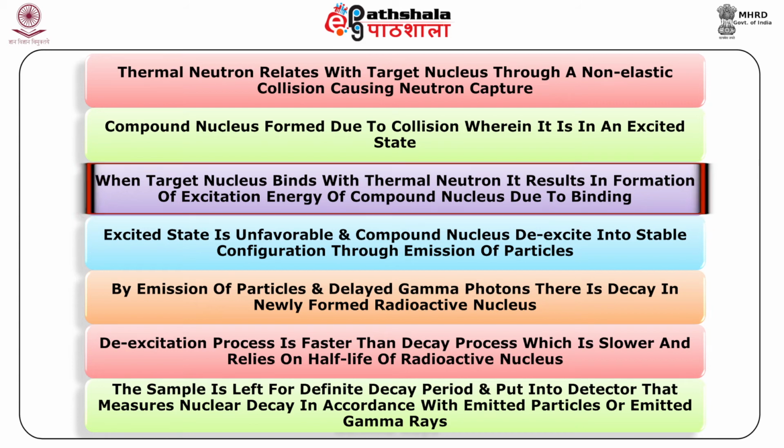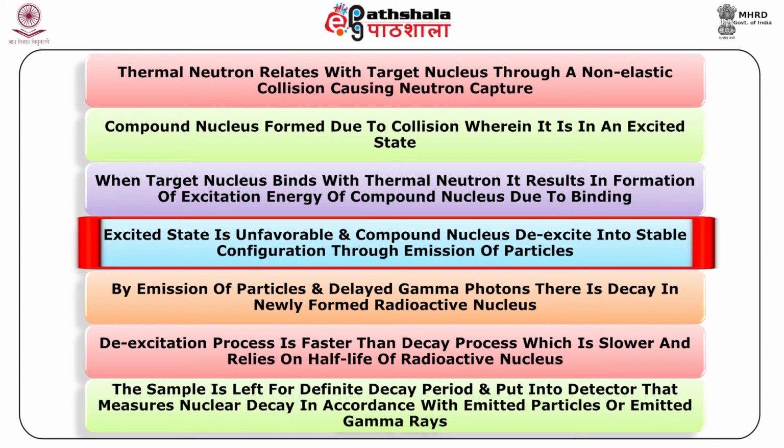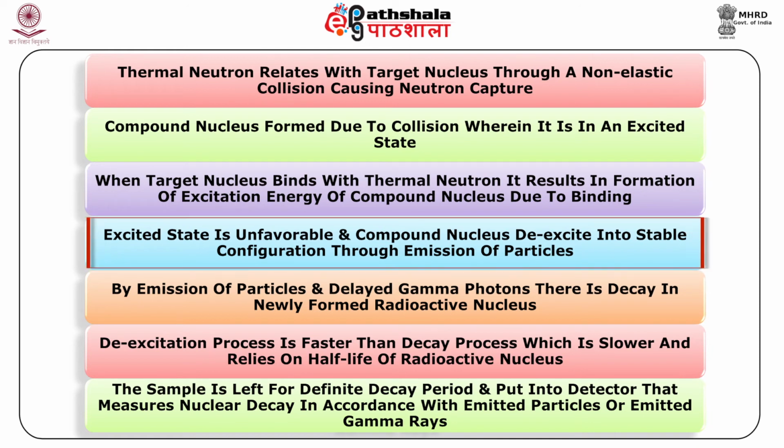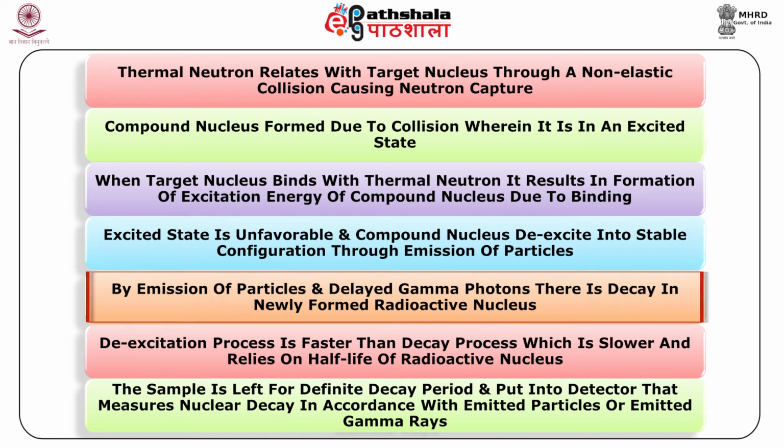This excited state is unfavorable, and the compound nucleus will almost instantaneously de-excite into a more stable configuration through the emission of particles and one or more characteristic prompt gamma photons.